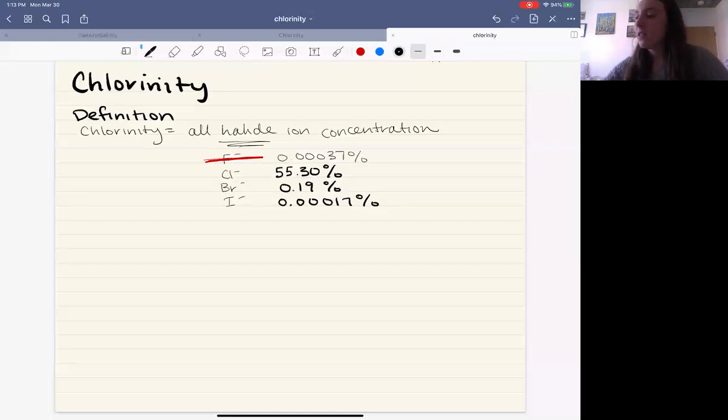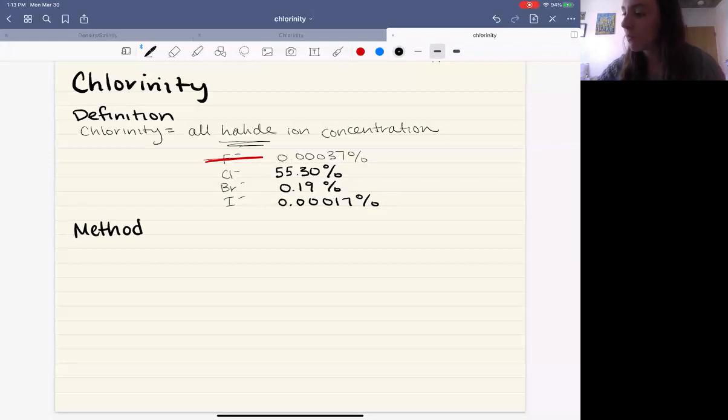Okay, so the method we're going to be using in this experiment is a titration. And so let's just think about titrations from the perspective that we all understand it, from a Gen Chem perspective.